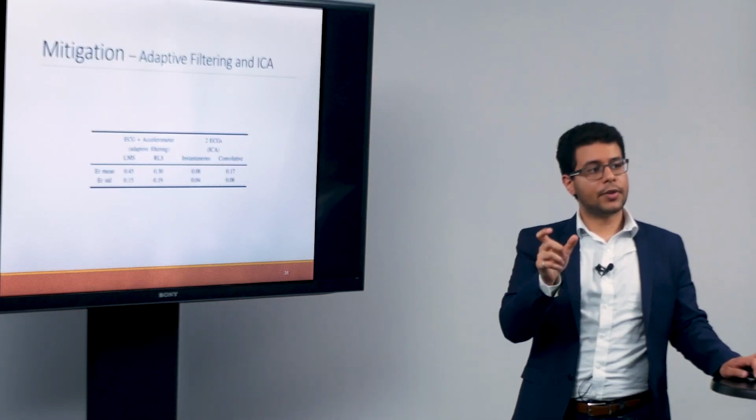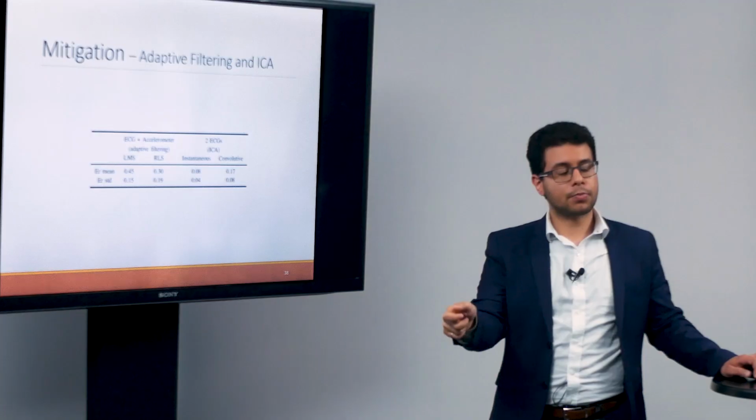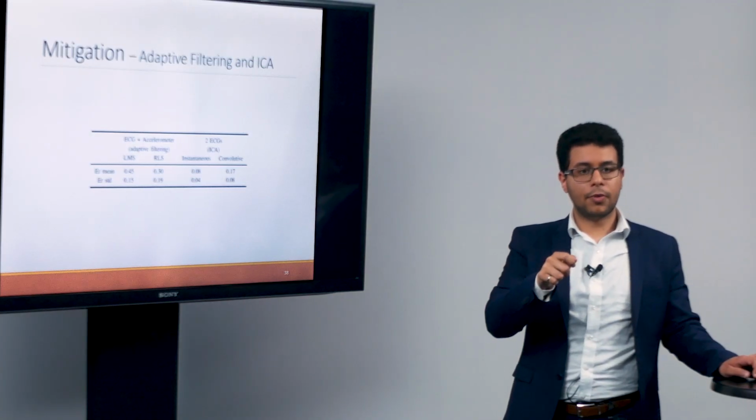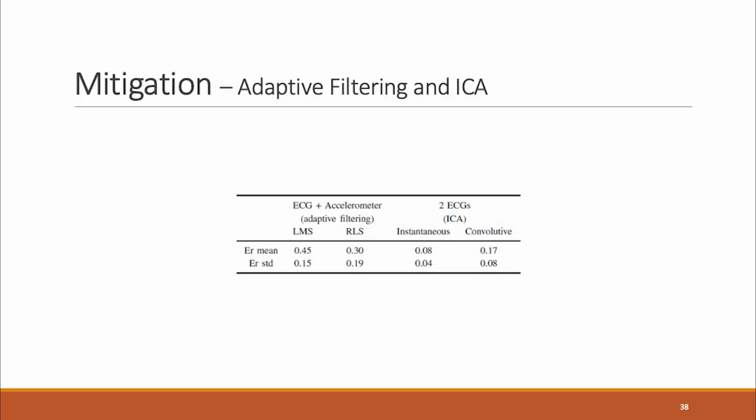The error here is essentially a ratio of the difference between the signal post-processing and the signal before adding noise, with the difference between the signal and the noise. And you're able to achieve very nice errors as a percentage of 0.45 and 0.15, compared to, as an example, the ICAs.